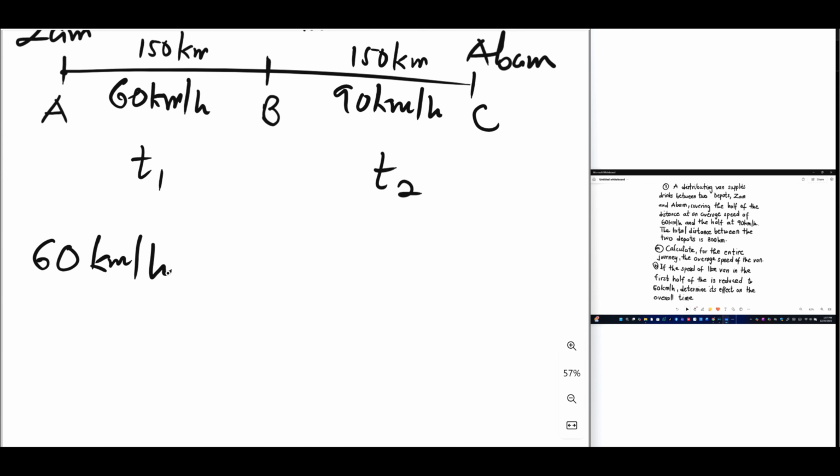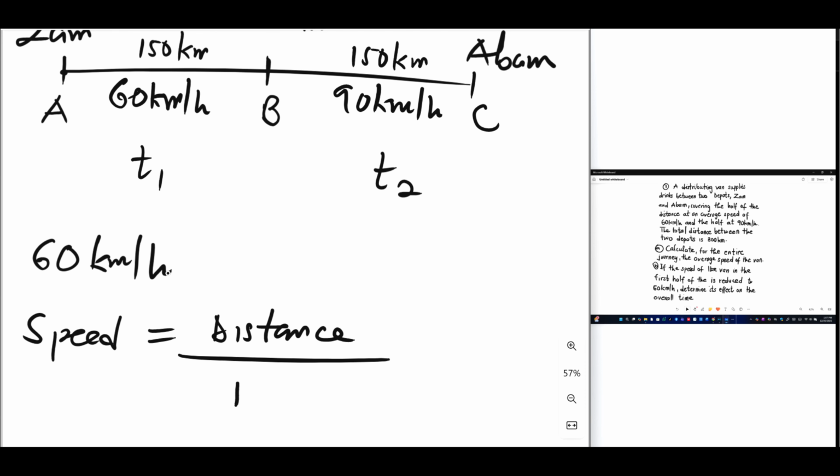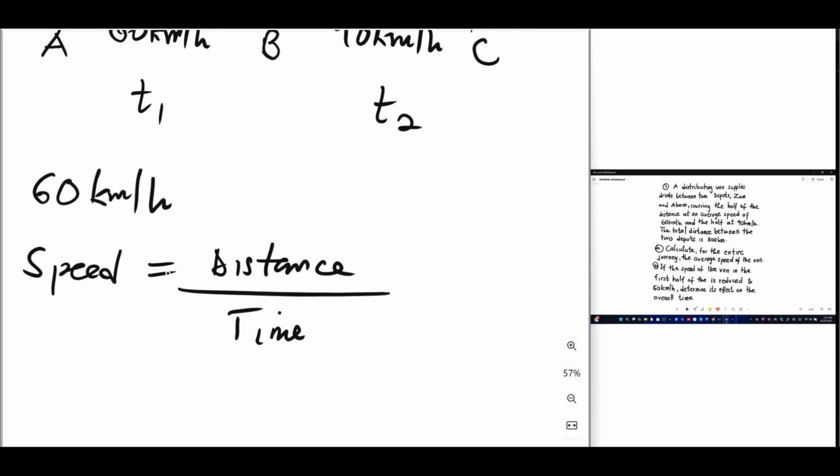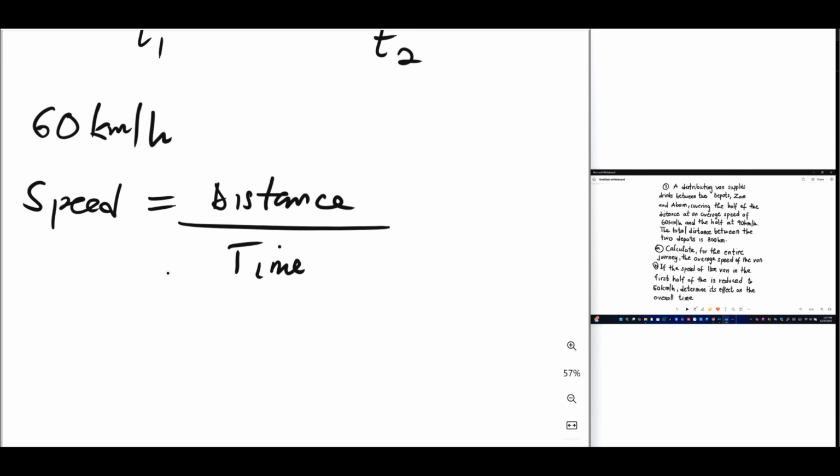We know that the formula for finding speed is distance divided by time. That's very simple, and that's what we'll be applying here. So we have our speed given to be 60, which is equal to the distance covered, 150, because that's just half of the distance, divided by t1, the time taken to cover the first half of the journey.